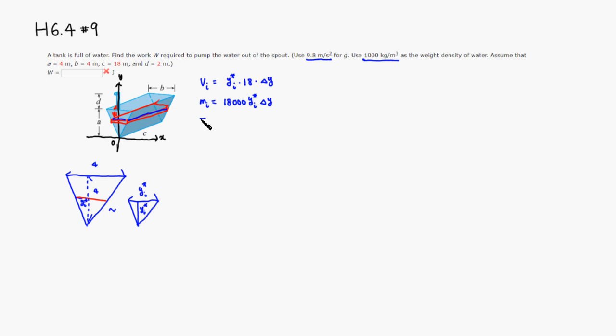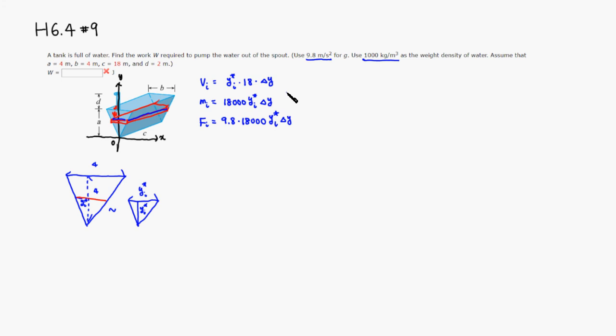So F i, the force, is going to be 9.8 times 18,000 y i star delta y.